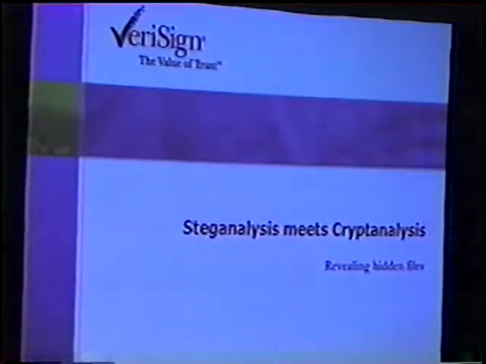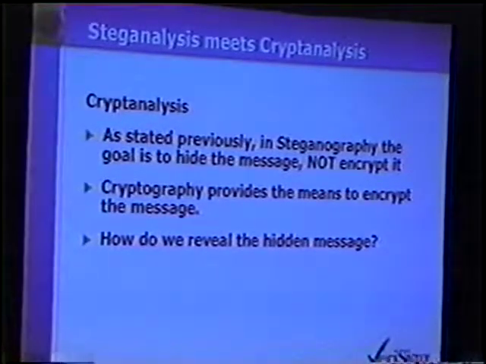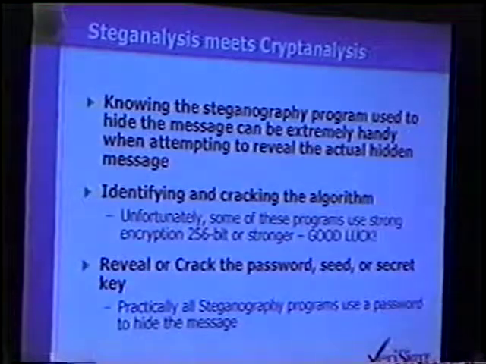So this is where this kind of bleeds into cryptanalysis, okay? The revealing of hidden messages. So in cryptanalysis, as previously stated, in steganography the goal is to hide the message, not encrypt it. Cryptography provides the means to encrypt the message. So how do we go about revealing the hidden message?